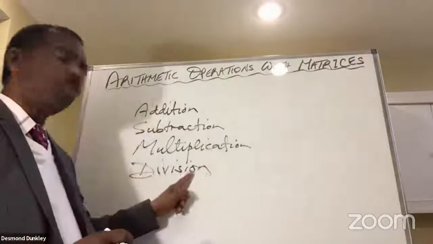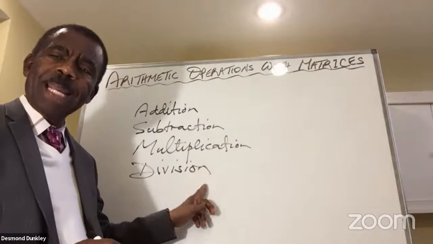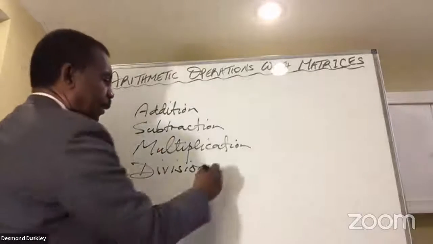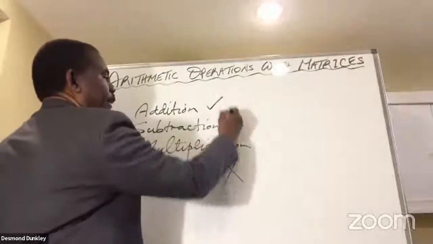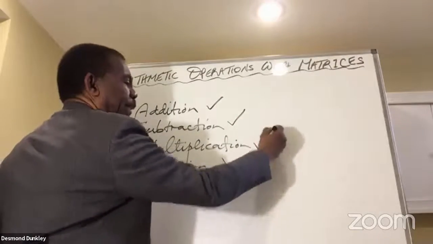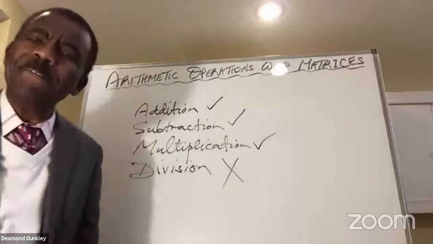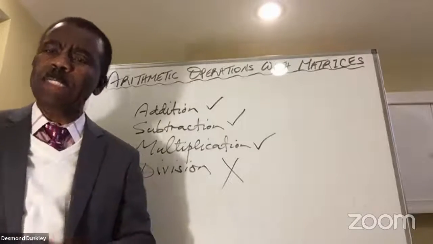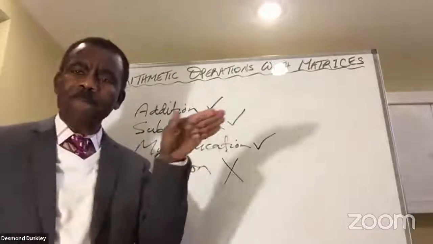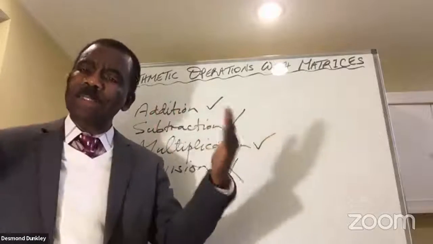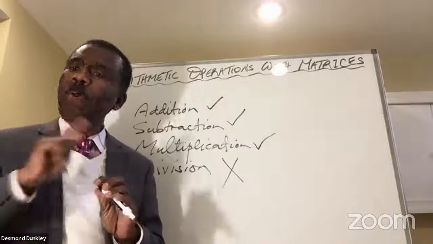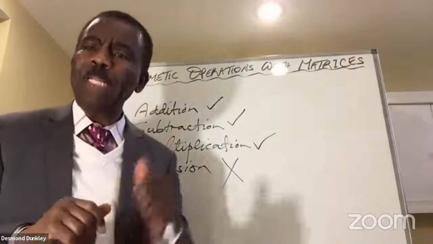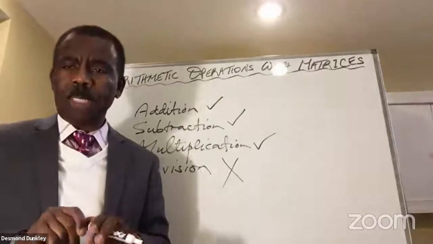However, you cannot divide matrices. So this does not exist. So this exists, that exists, that exists, but you cannot divide two matrices. It's undefined, it's non-existent. Okay, so I'm glad we got that taken care of. So don't ever try to divide matrix A by matrix B.